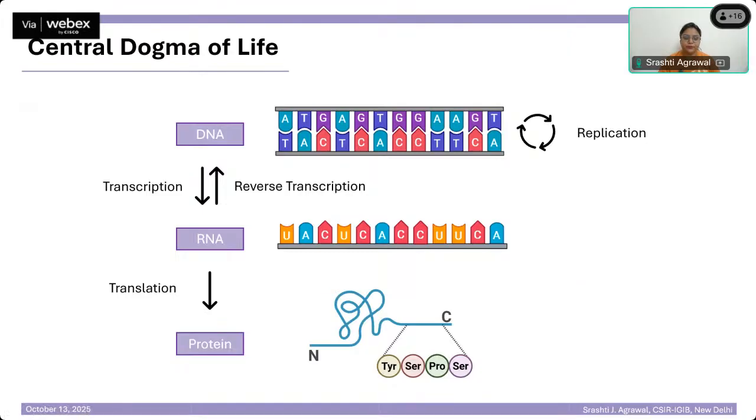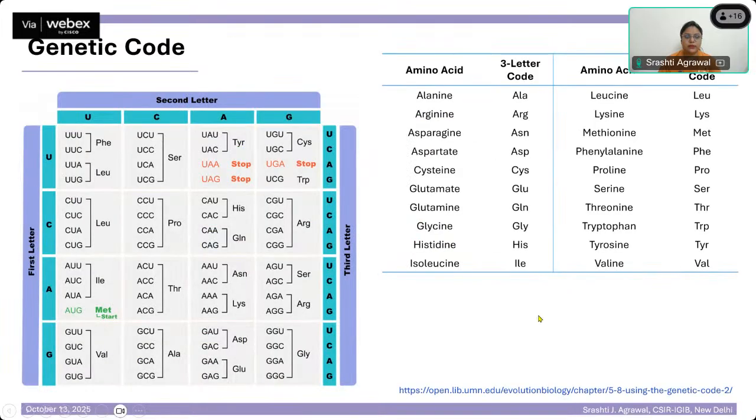So like I said, DNA gets transcribed to RNA and RNA gets translated to protein. Now, this RNA to protein translation is possible due to the genetic code. Like we see different algorithms that are in place, our own DNA also has a specific kind of algorithm, which is the genetic code.